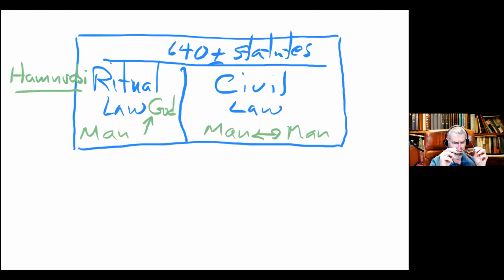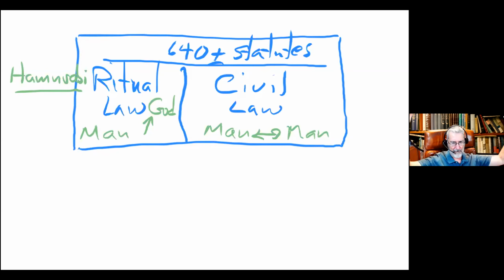And Hammurabi was not the first king to produce a code of laws, but his laws are probably the most famous. He put these laws on a great big stone stele. There were probably more than one of those, but we've found one, and that stele is now in the, I can't remember if it's in the Louvre or in the British Museum. It may be in the Louvre.